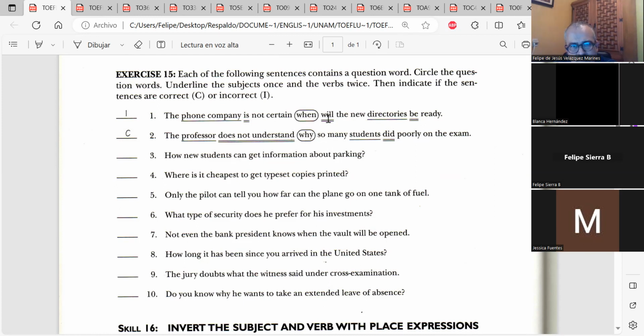The professor does not understand: main clause, subordinate clause. It's correct. Very good. Jessica, continue with number 3.